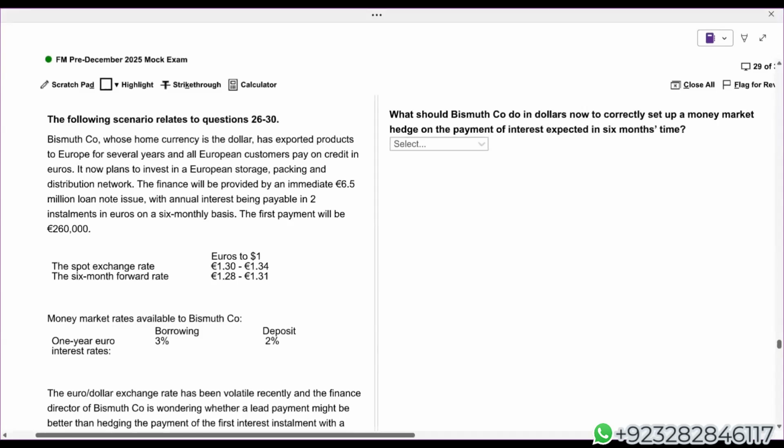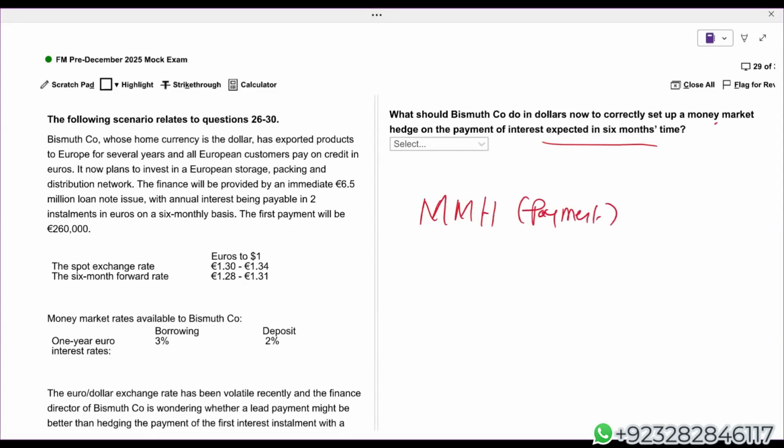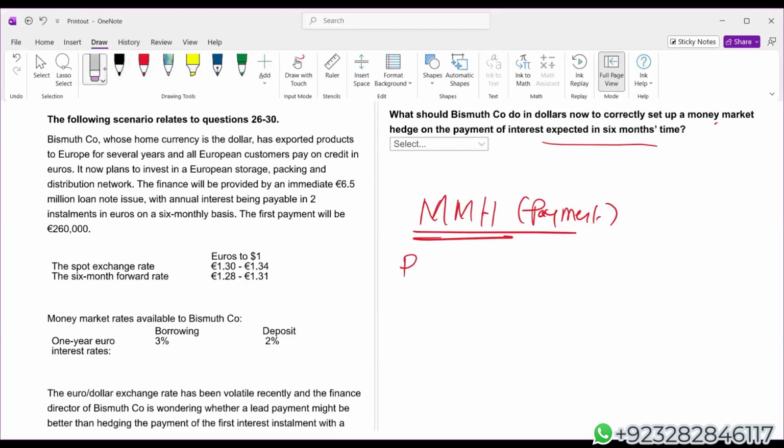What should Bismuth company do in dollars now to correctly set up a money market hedge on the payment of interest expected in 6 months time? Payment. If you recall money market hedge, for payment, step one is deposited amount.